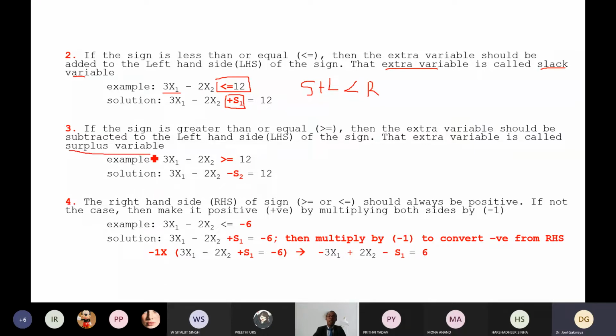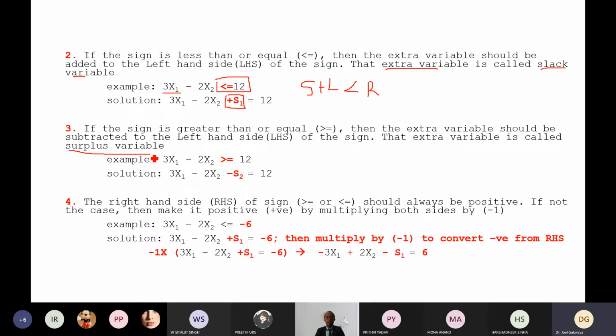Remember, when an extra variable is added, that is known as a slack variable. Why? Because the sign is lesser than or equal to. So when you are going to convert inequality into equality, we have to add the extra variable called a slack variable.